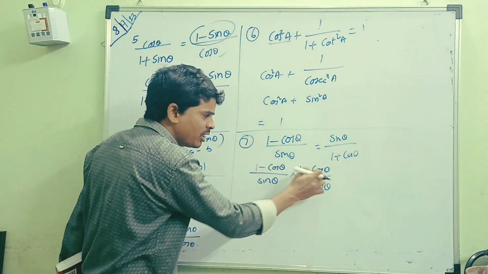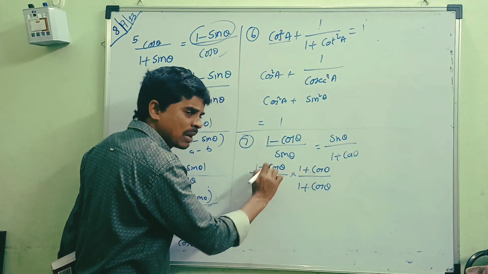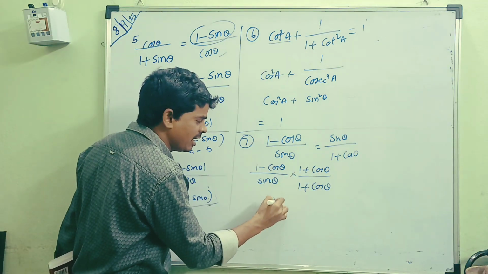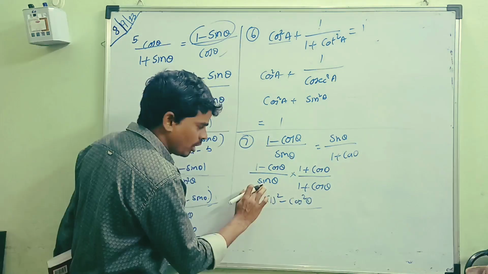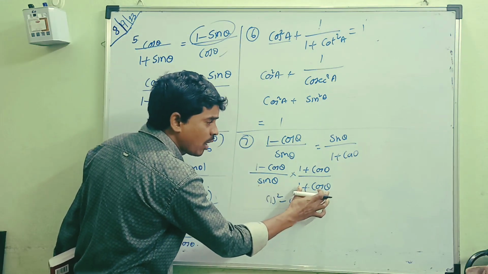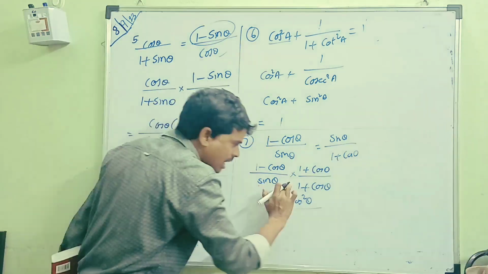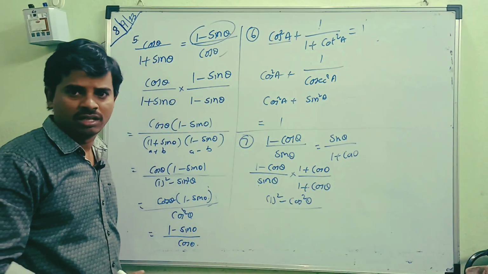1 minus cos theta into 1 plus cos theta, that is a plus b into a minus b, so we get a square minus b square. In the denominator we should not multiply out the bracket, because we need 1 plus cos theta in the denominator. Just let it be.